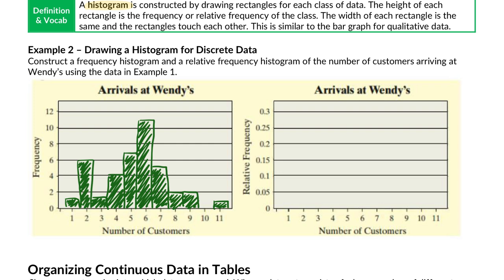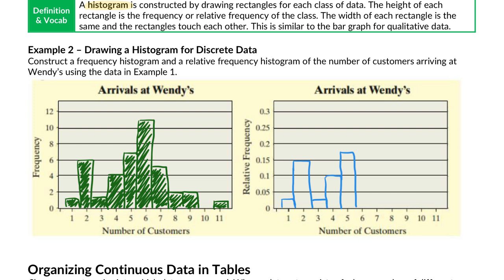For number of customers being 1, that happened 0.025. 0.025 would make it about here-ish. 2 customers occurred 0.15. 3 customers, 0.025 again. 4 customers, 0.1. 5 customers, 0.175.